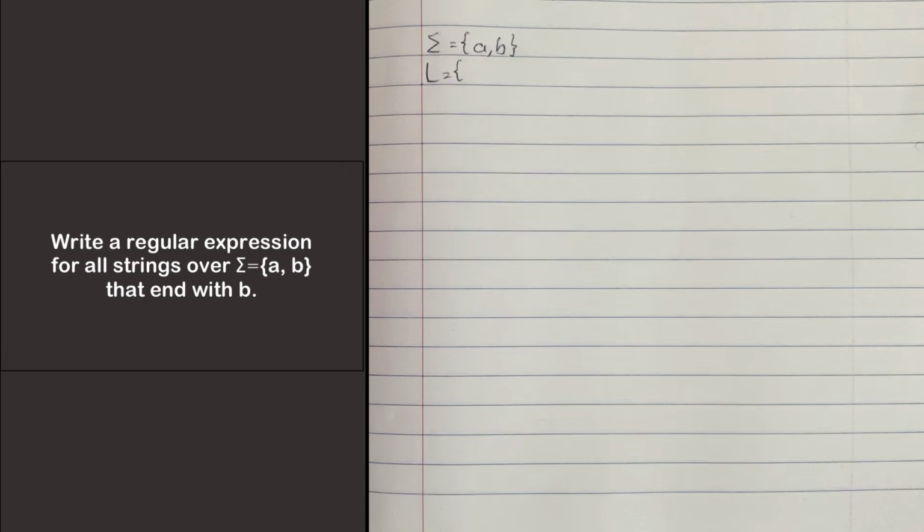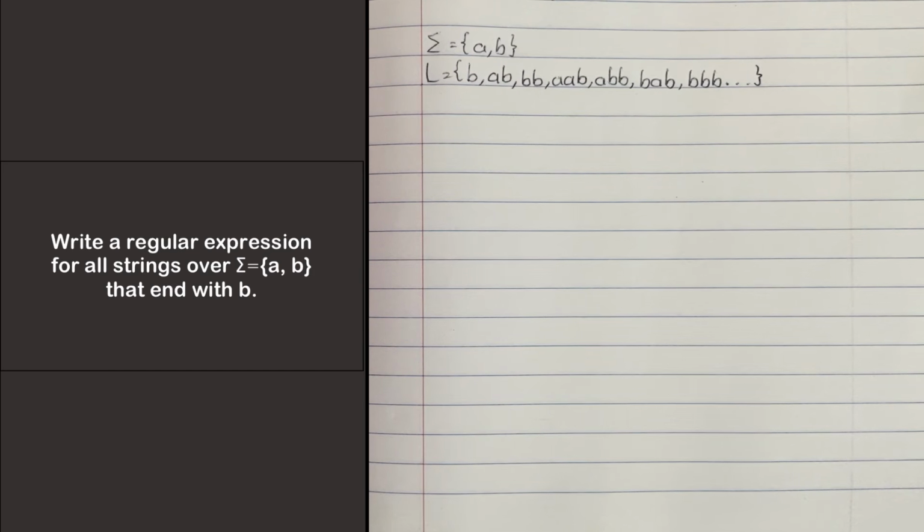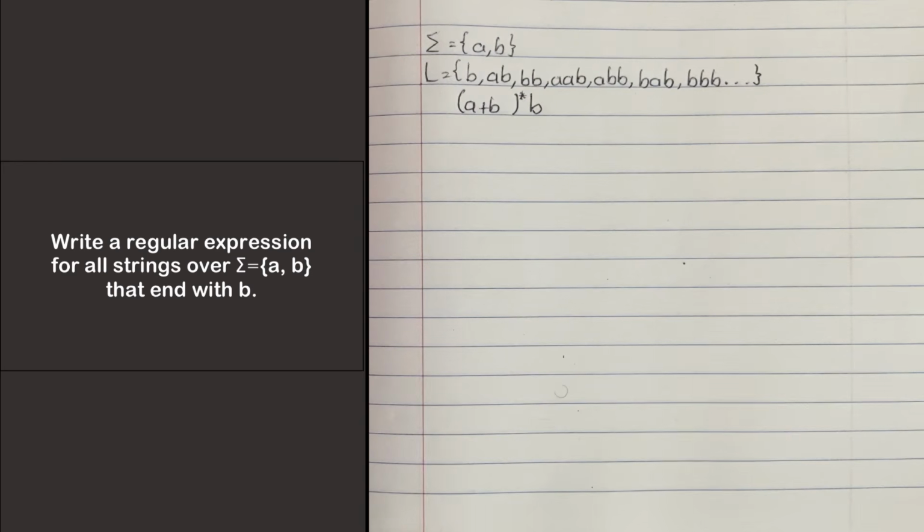So we can have b, which starts with an empty string and ends with b, ab, bb, and so on and so forth. So this is also an infinite language. From our language, we can see that every single string ends with a b, but it can start with either epsilon, a, or b, which is nothing but (a or b) star. So the question is as simple as that.